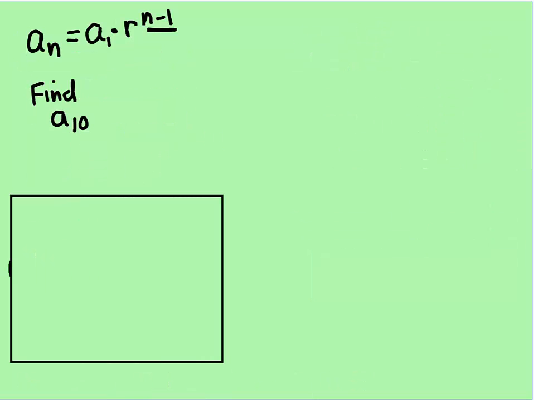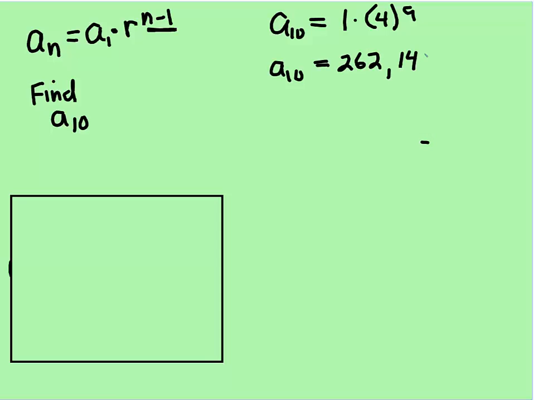So let's come over here, and when we do that, we have a sub 10 is equal to 1 times 4 to the 9th, which you just type in your calculator, 4 raised to the 9th power, times 1 is 262,144.